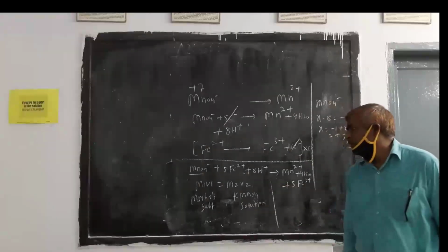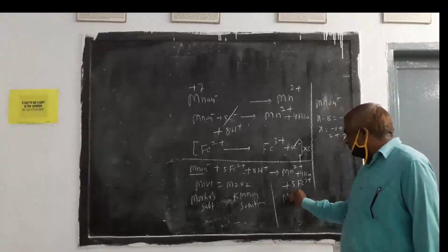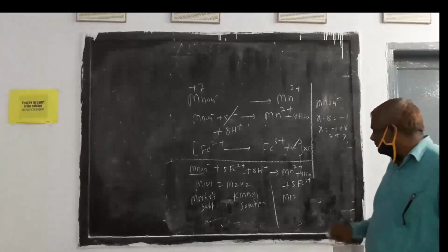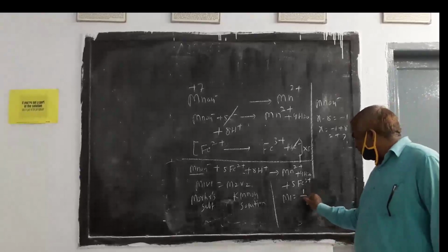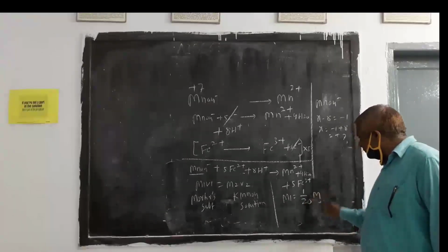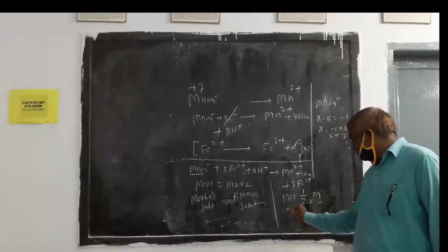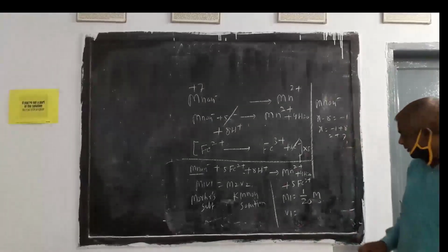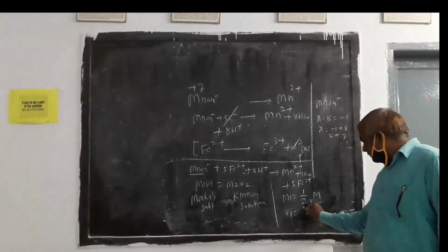Now, the value of M1 for Mohr's salt is already given in the question: 1 by 20 M. V1 in every experiment I use is 10 ml.